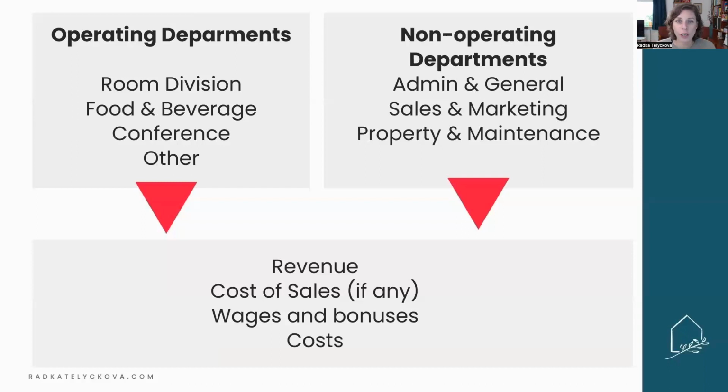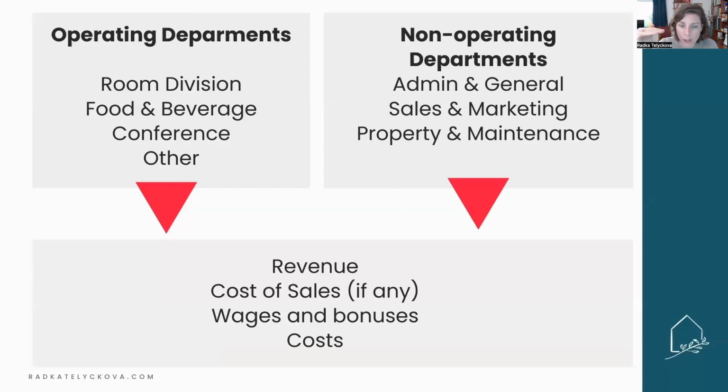And the structure of the way it is put into the profit and loss statement is always first revenue on the top, minus cost of goods sold. Cost of goods sold is our direct cost, whatever we need to spend, let's say on food, in order to deliver the product.